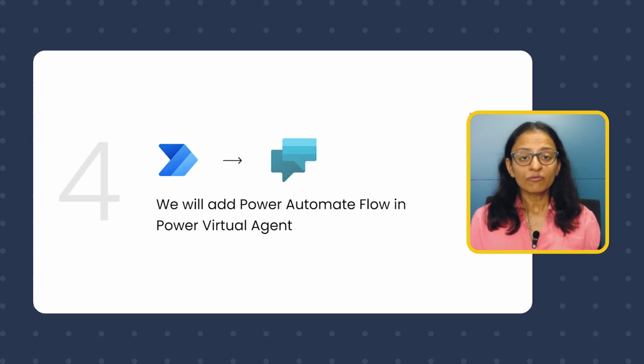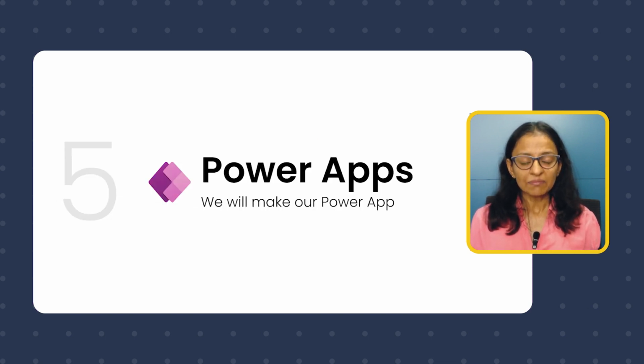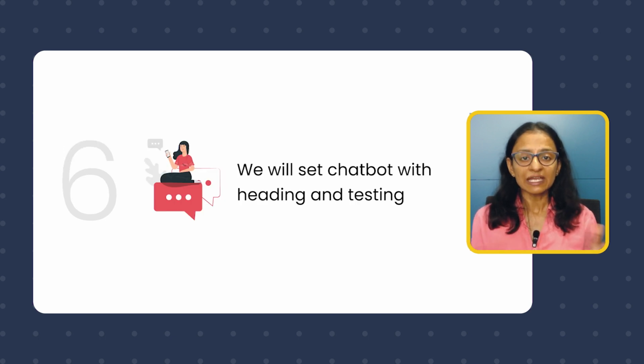In the next step, we will add that Power Automate flow into the Power Virtual Agent. Next, we will make our Power App, which will add the Power Virtual Agent. And in the last step, we will set our chatbot with a proper heading and we will test it.